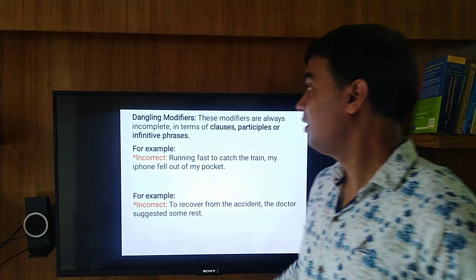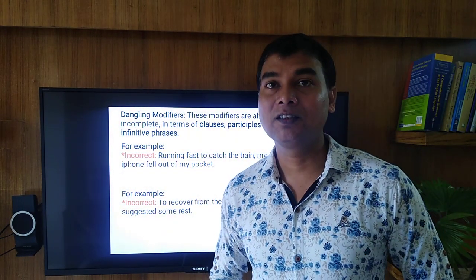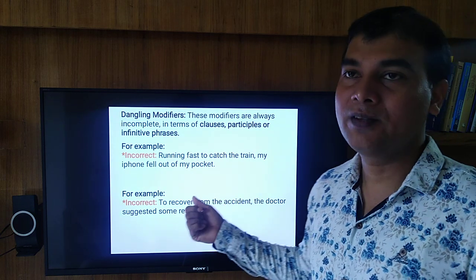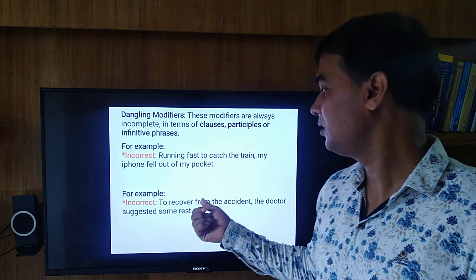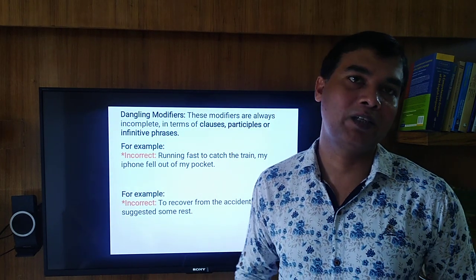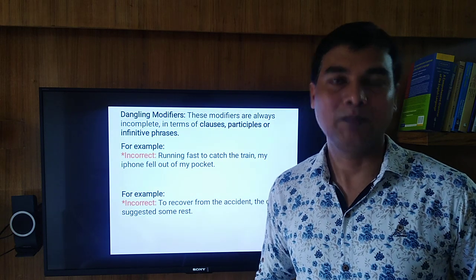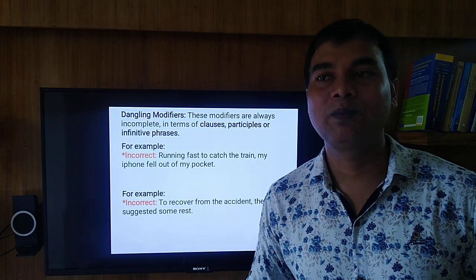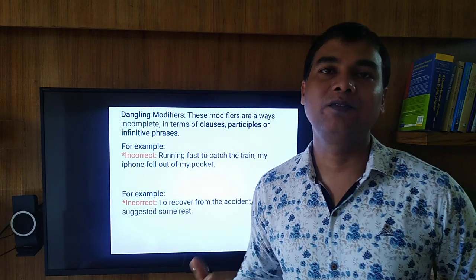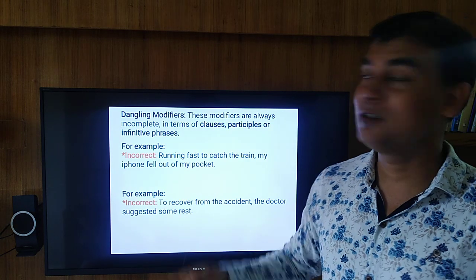And now the third one, dangling modifiers. Dear learners, you know that very often many phrases or clauses load the sentences with information by giving extra significance. But if they are misplaced or unorganized, it creates ambiguity and confusion. Dangling modifier is one of them. So what is a dangling modifier?